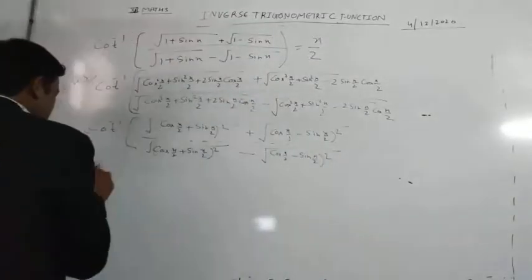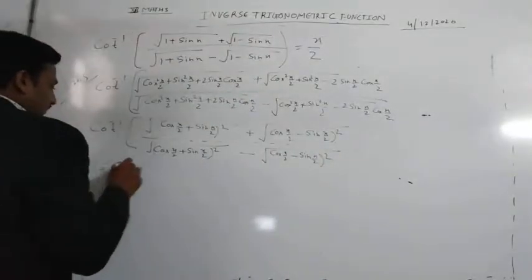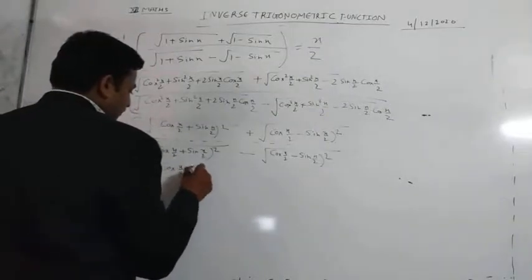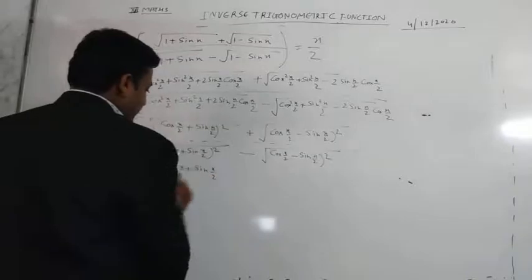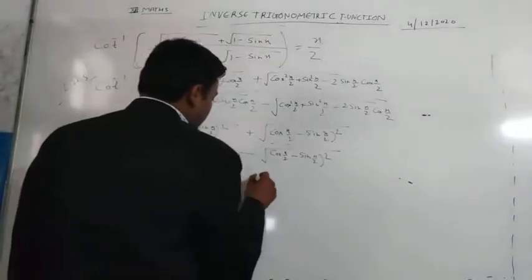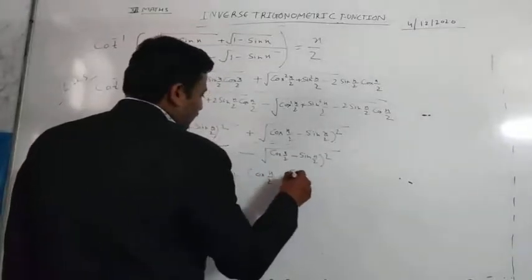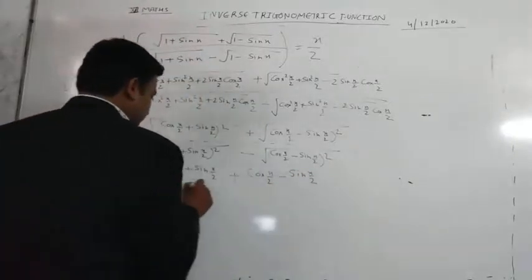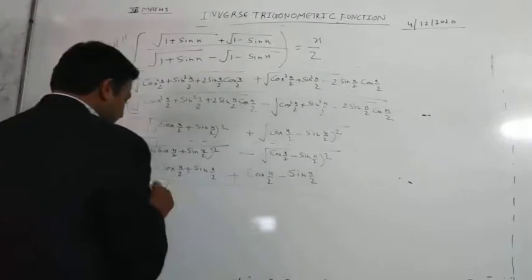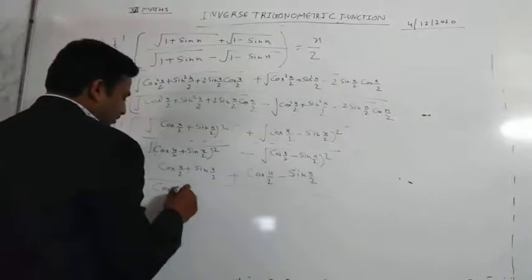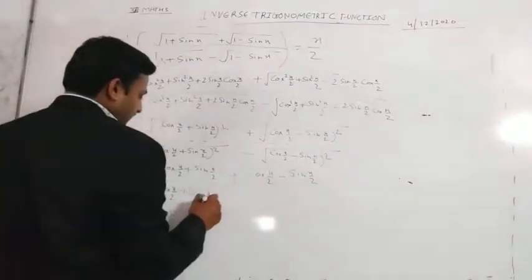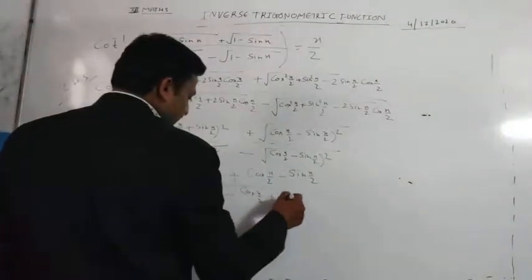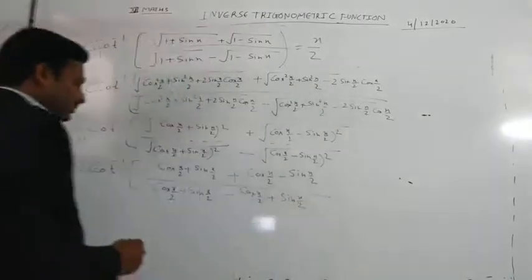Now this is cot inverse, taking out of the square root, we write cos x by 2 plus sin x by 2 plus cos x by 2 minus sin x by 2, divided by cos x by 2 plus sin x by 2 minus cos x by 2 plus sin x by 2.